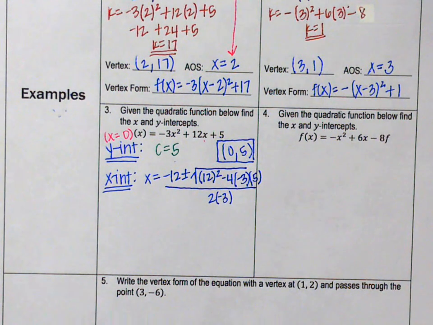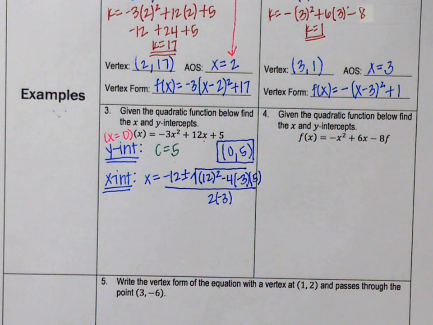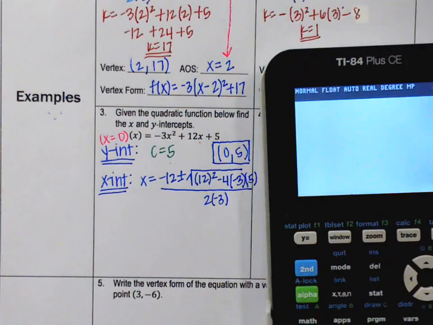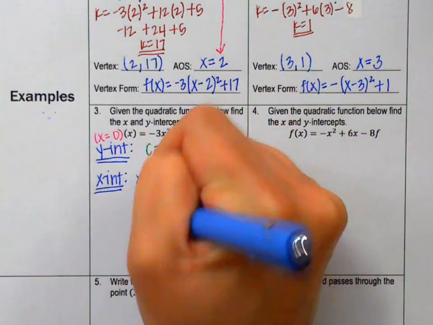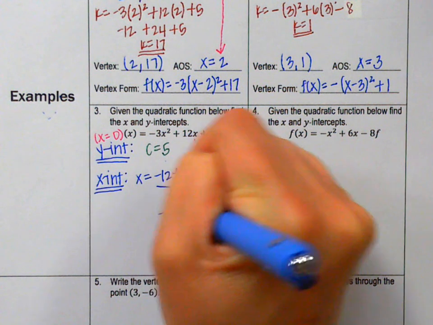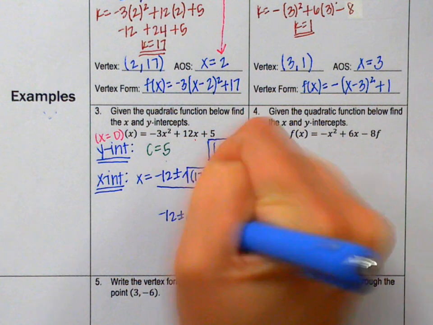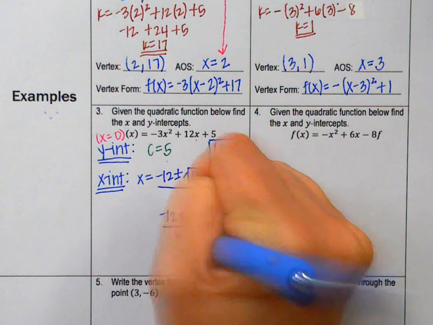So with this, you're not just getting decimals, so we can't just plug this whole thing into our calculator. So I kind of do this piece by piece. The first thing I do is I figure out the value inside the square root. And so that would be 12 squared minus 4 times -3 times 5, which gets me 204. And then divided by -6.